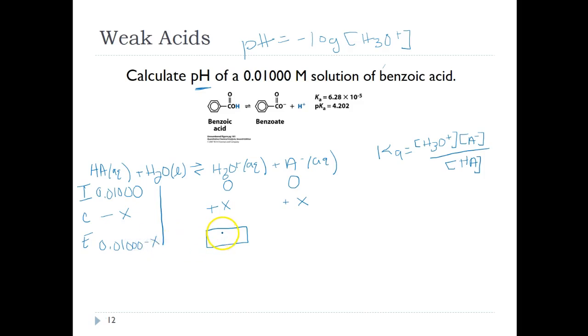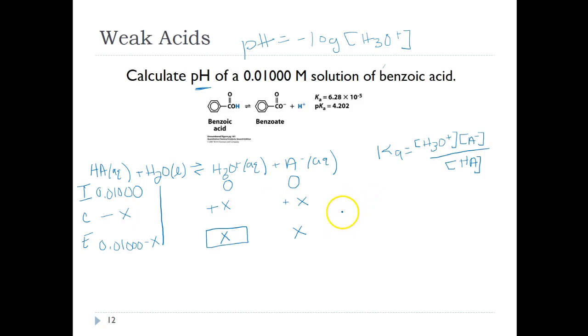We know that the hydronium ion will be whatever X is, 0 plus X, and the benzoate polyatomic ion will also be X. We just don't have numbers for X. So our goal right now is to solve for X. So what we can do is take the equilibrium constant value that we're given and plug it into our equilibrium constant expression, and then plug in these expressions for the equilibrium concentrations into the Ka expression, and use that equation to solve for X.